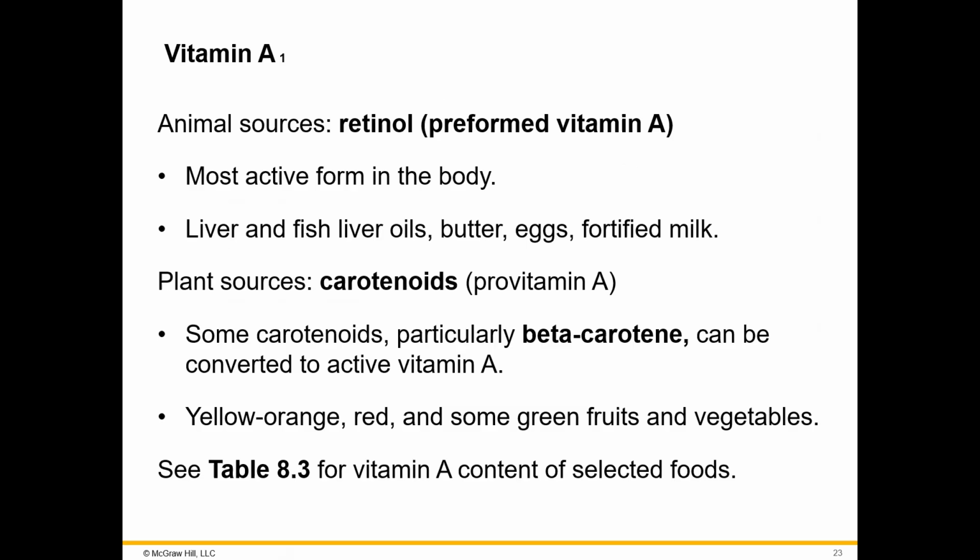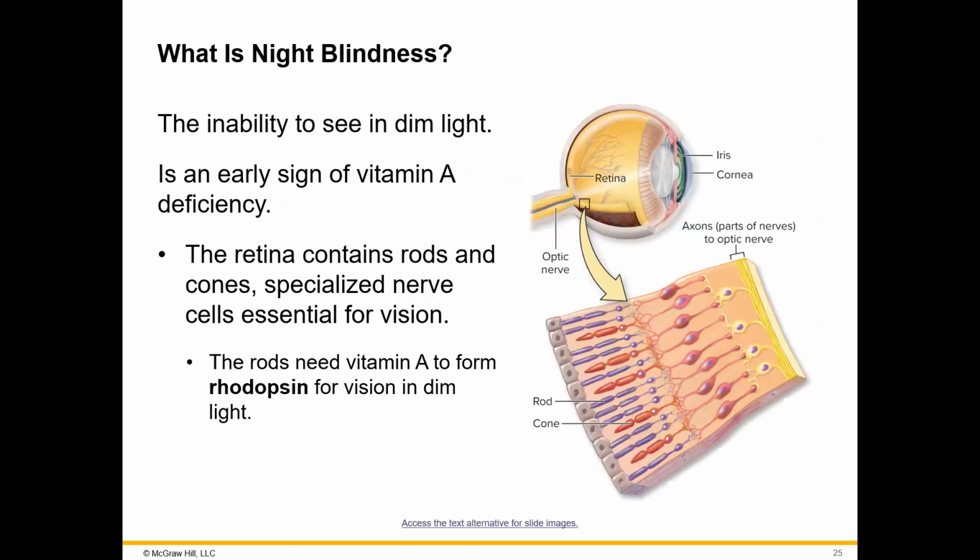Vitamin A is tremendously important. It is involved in cellular growth. It's involved in your epithelial cell production. It's involved in your vision, your night vision. Vitamin A is involved in the receptors within the cones of your eyes, and it helps to make sure that the rods and the cones of your eyes can see.